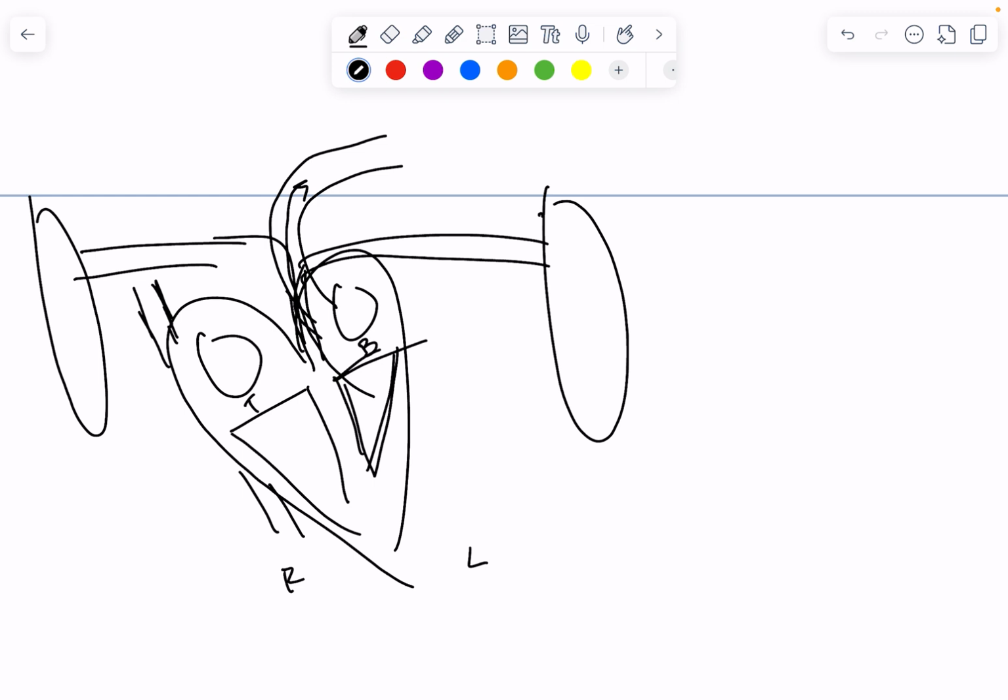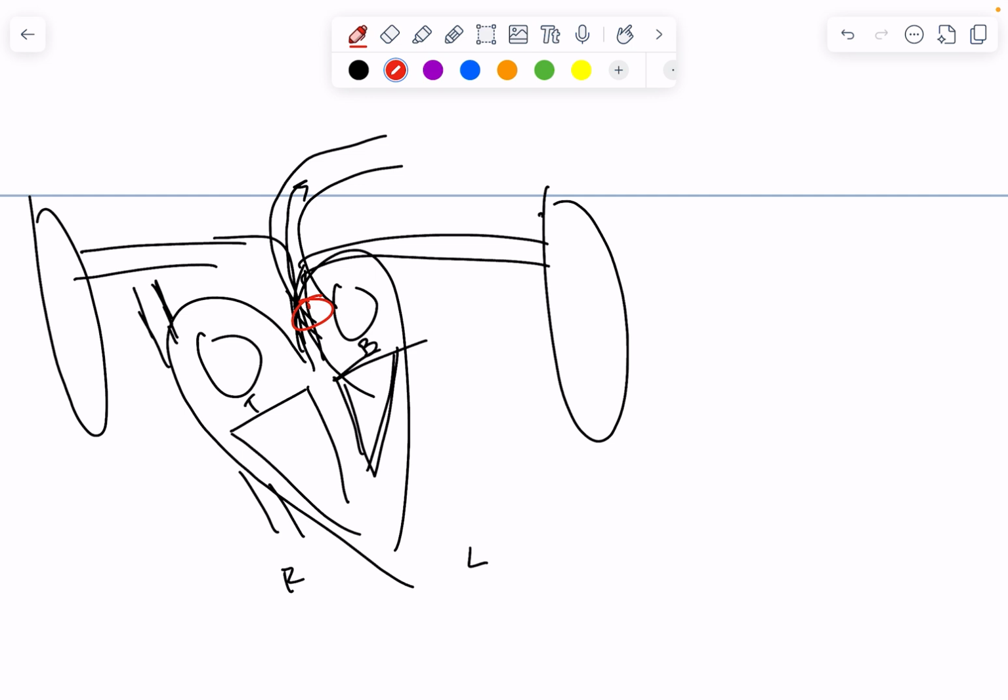Now, something important to note here is that in between the aorta, right here, and also from the inferior and superior vena cava, we have a semilunar valve here.